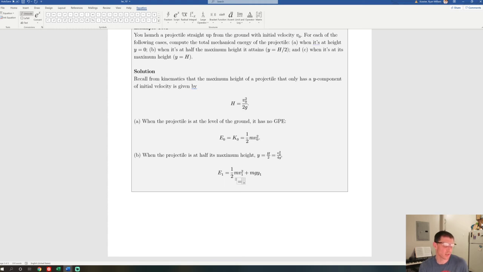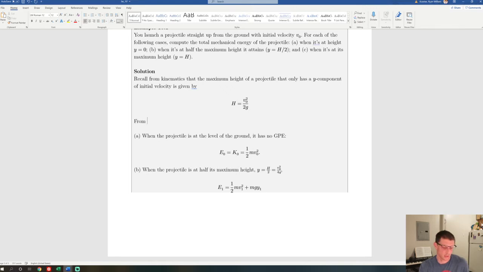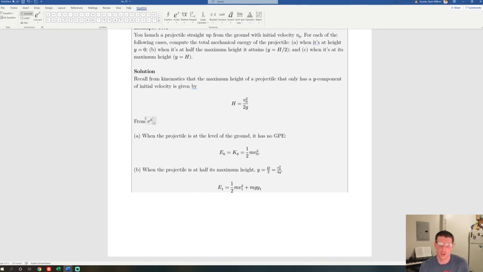Oh, and I also am going to need this result from kinematics, and you can show this. The way you would show both of these things is from this equation, in case you were curious.